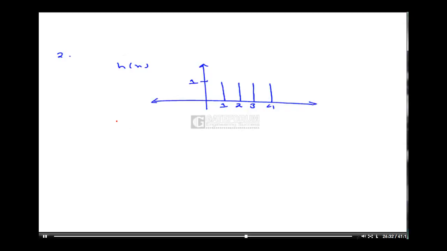Okay, that means I can write my hn equal to 1 for these values, 0 elsewhere.